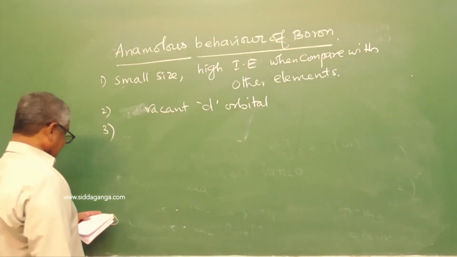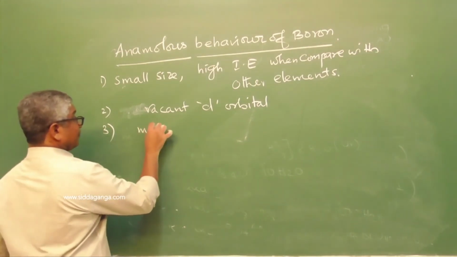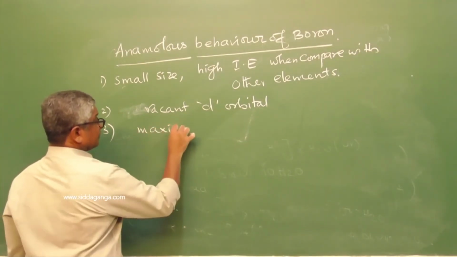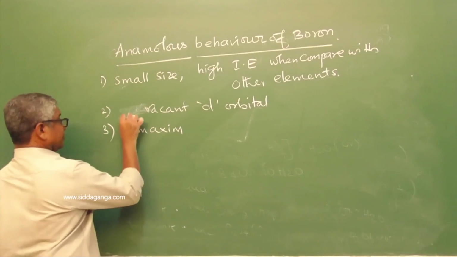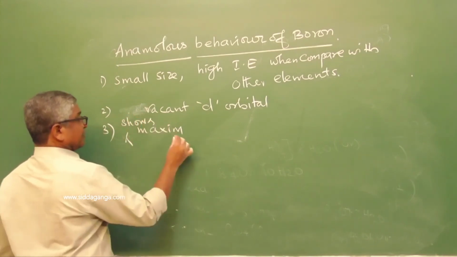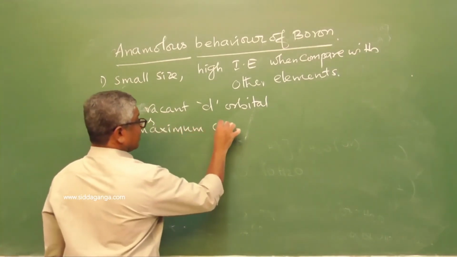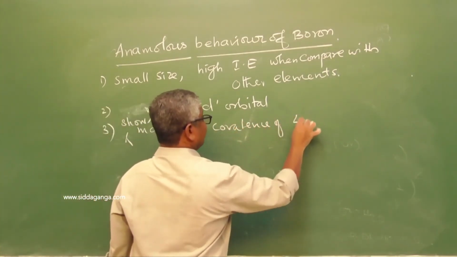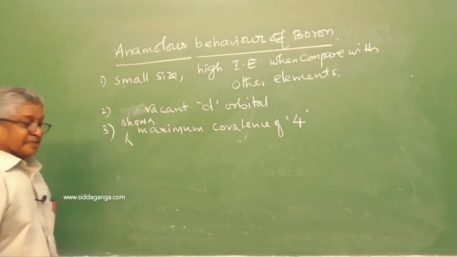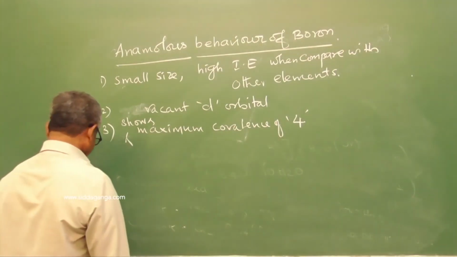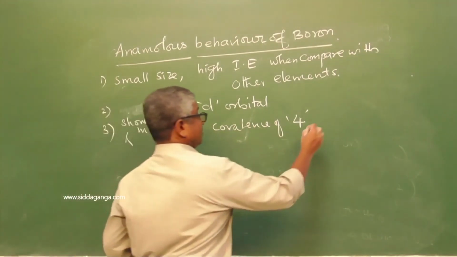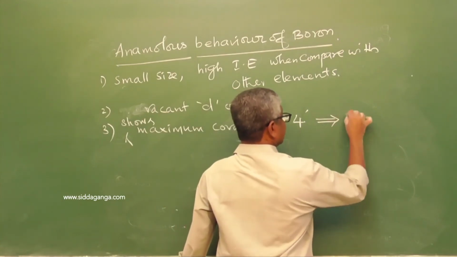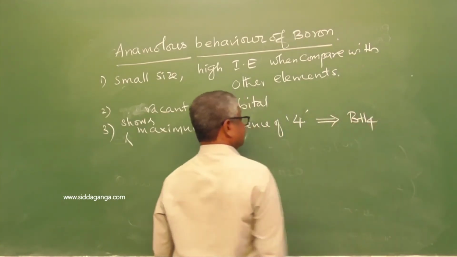Boron shows a maximum covalency of 4, for example BH4.